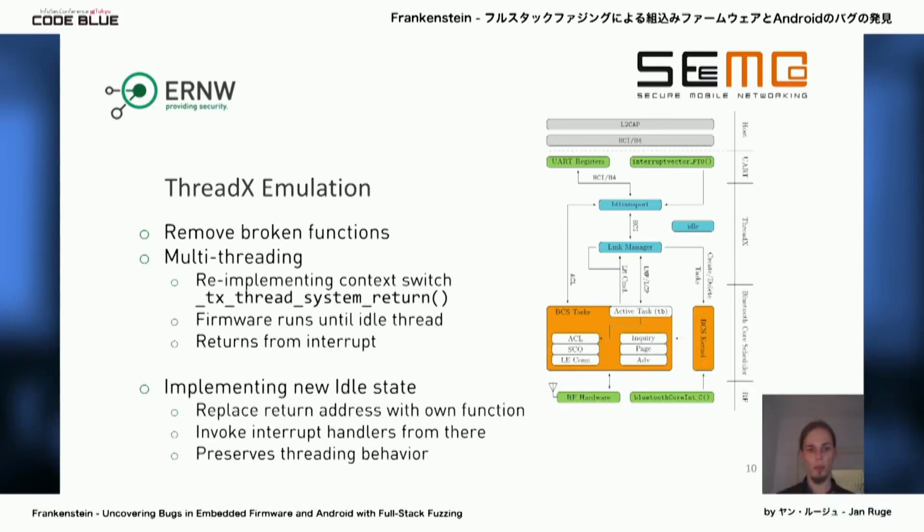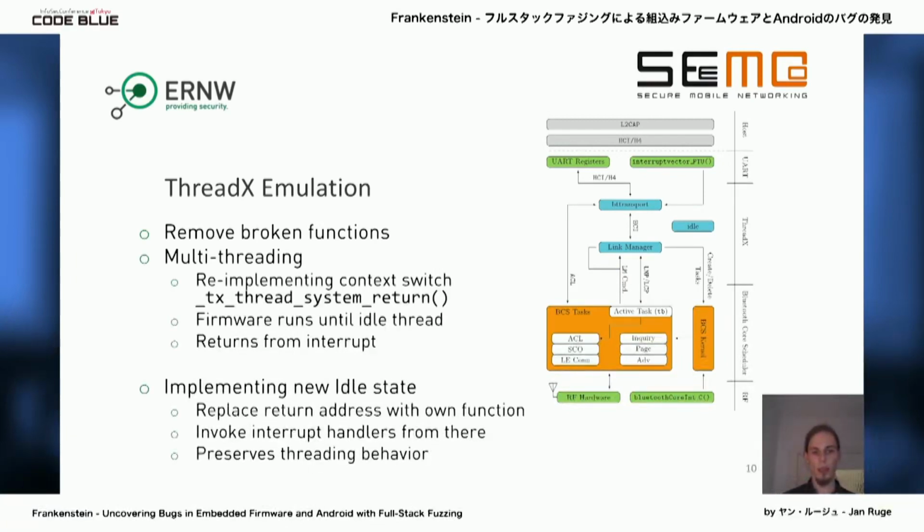And if we have all of this set up and continue the execution of the firmware, we can observe several context switches until we end up in the idle thread, and the idle thread will then finally perform a return from interrupt. So this means that at this point in the firmware we were called from an interrupt and we have returned from the interrupt, so we can now with no worries call new interrupt handlers.